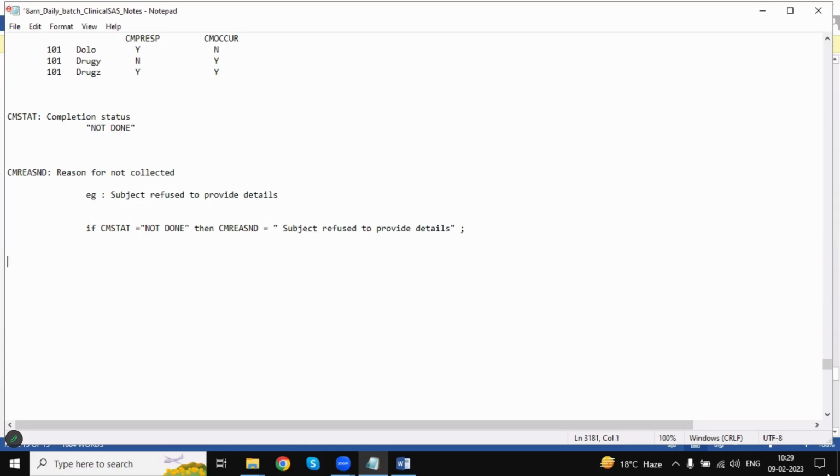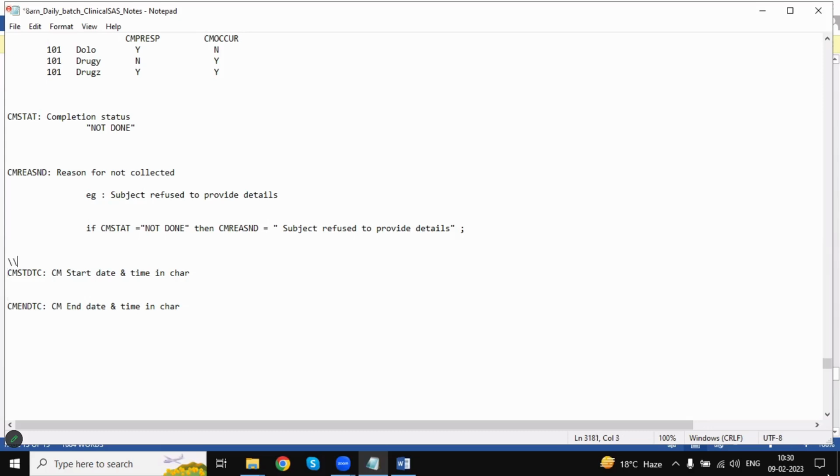Next, CMSTDTC and CMENDTC. Again, it's concomitant medication start date and time, character data type, and concomitant medication end date and time, character.